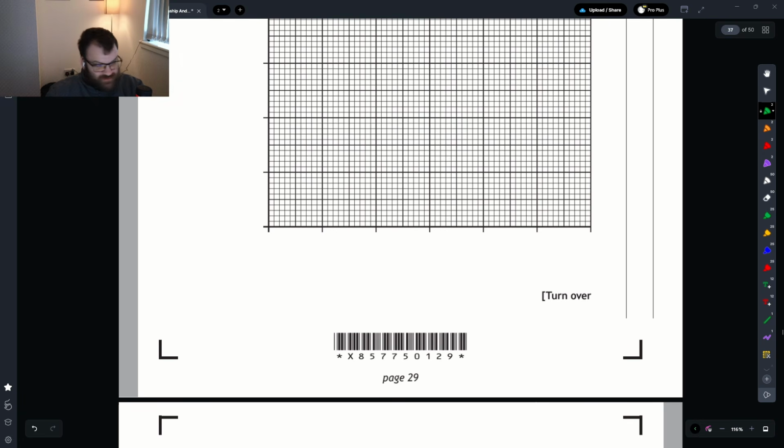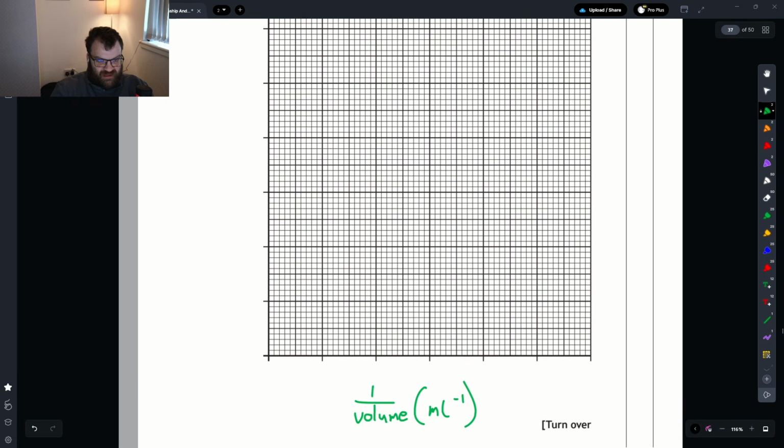Along the bottom, we've got 1 over volume, which is in reciprocal milliliters, so mL to the minus 1, just copying the table. And up and down the way, I'm going to put my pressure, which it says is in kilopascals.